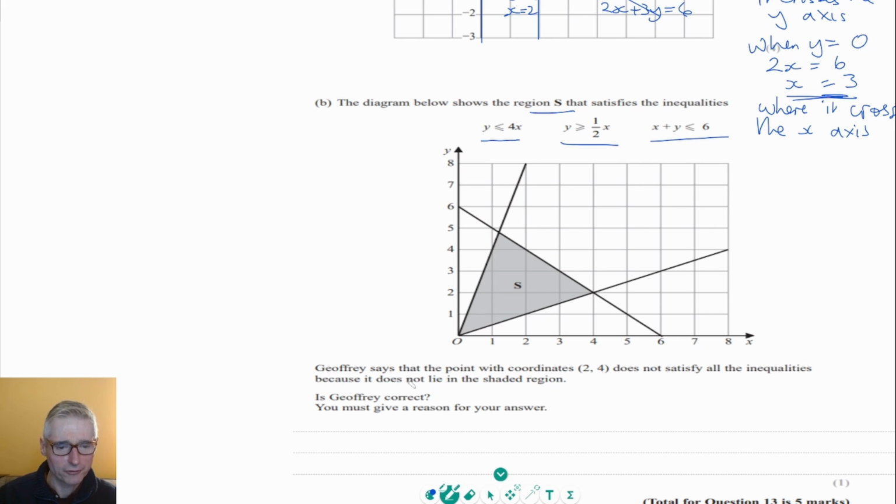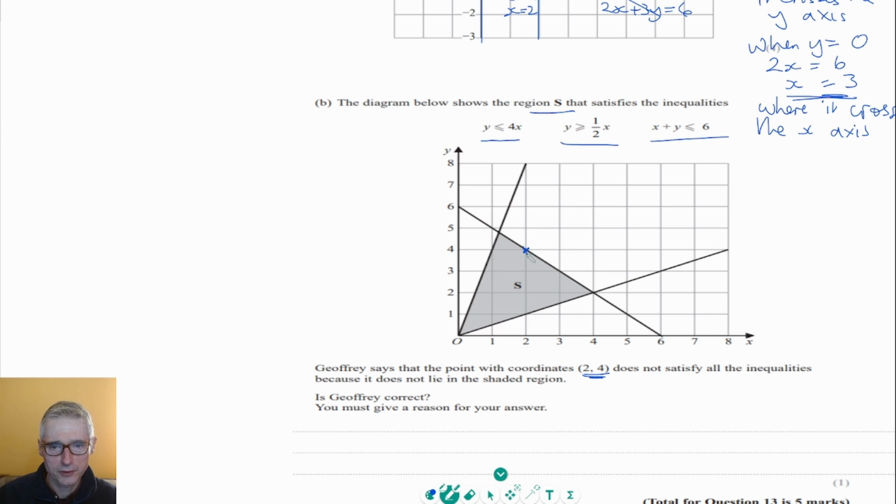So it says that Jeffrey says that the point with the coordinates 2, 4 doesn't satisfy these inequalities because it doesn't lie in the shaded region. So first of all, I'm just going to plot this point here, and that's the x coordinate first, so that's the 2, and that goes there. So that's that point on the line. Is Jeffrey correct to say that it doesn't satisfy these inequalities?